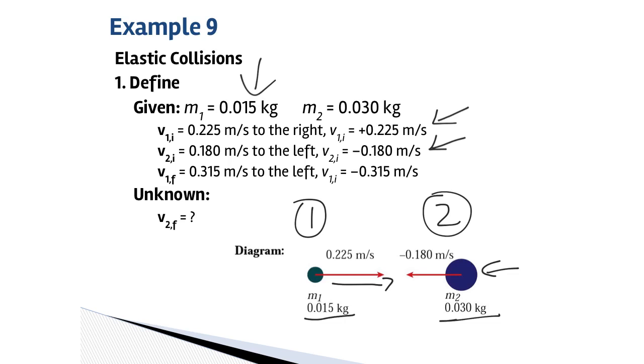After the collision, the 0.015 kilogram marble is going to be moving in the opposite direction. So it hits here, here's the collision, and we are going to find out what happens to this bigger marble after the collision.